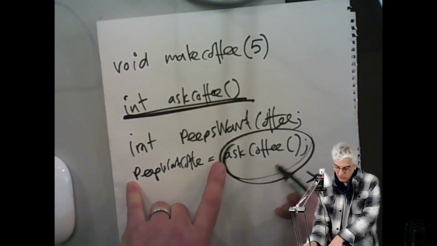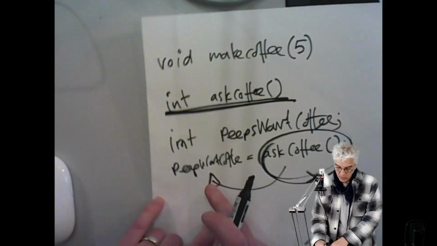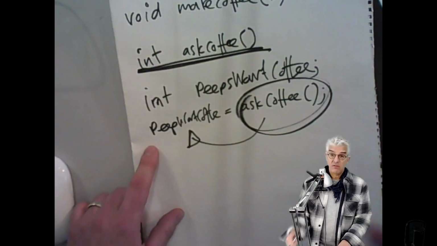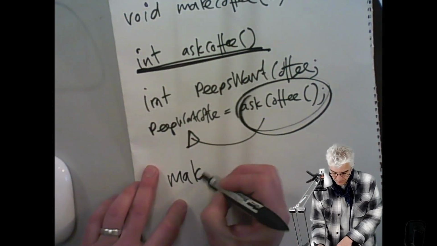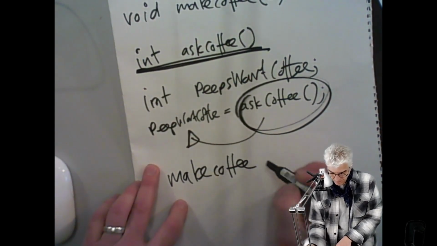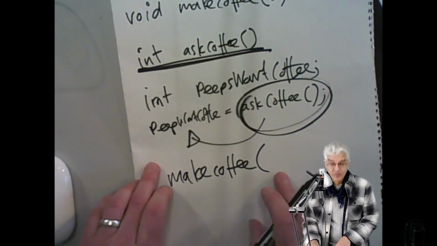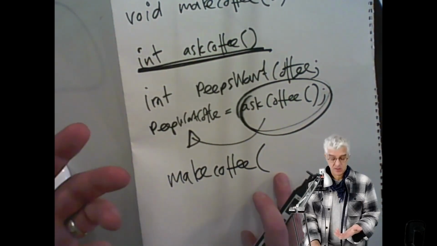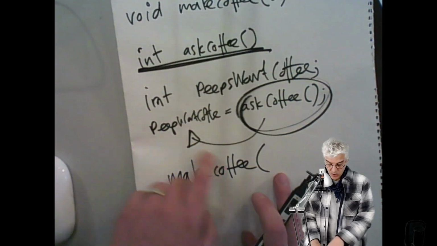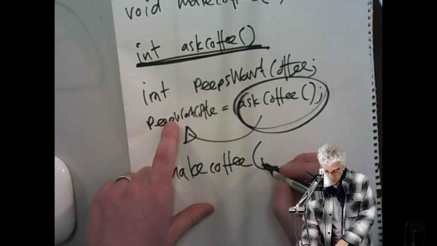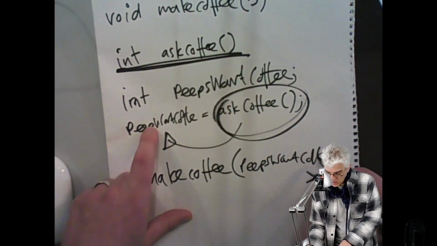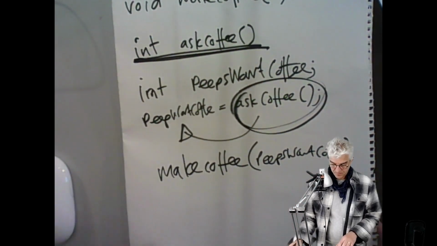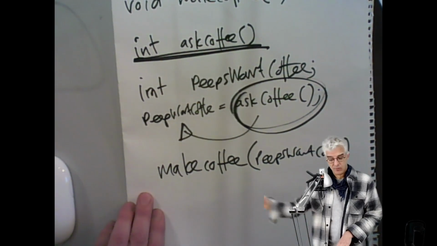And we take that integer that it returns and put it into the variable peeps want coffee, and then we can say make coffee and pass it an argument or a parameter for how many people we want to make coffee for, and use this thing in the variable peeps want coffee, and it will go off and make coffee for us.